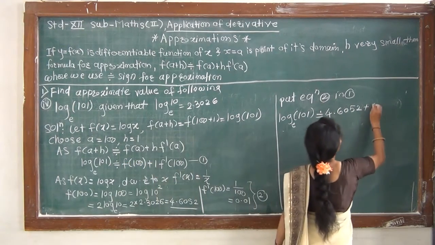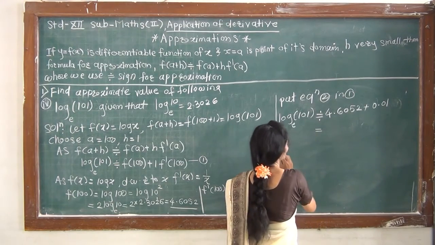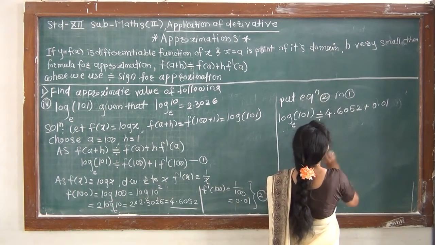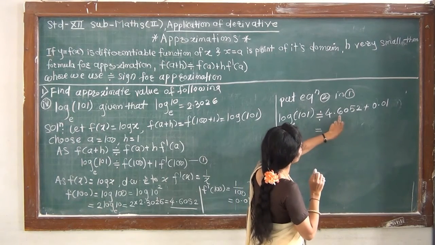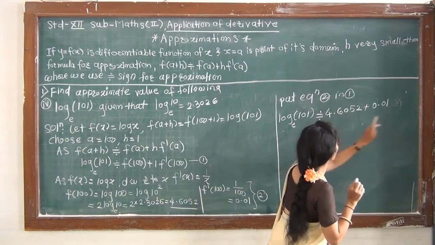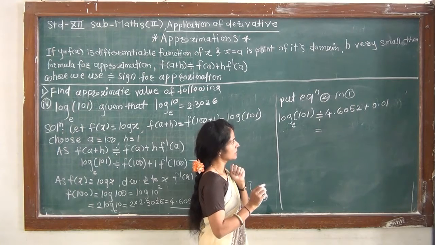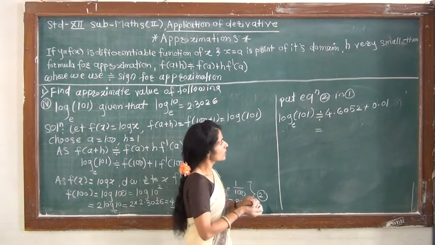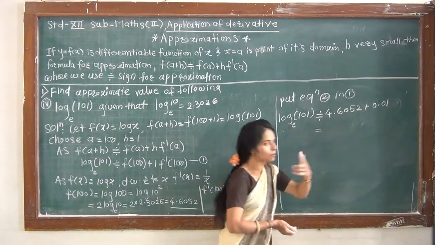So 4.6052 plus 0.01: if we add these two terms, 6 plus 0 is 6 and 0 plus 1 is 1, and the remaining terms remain as they are.